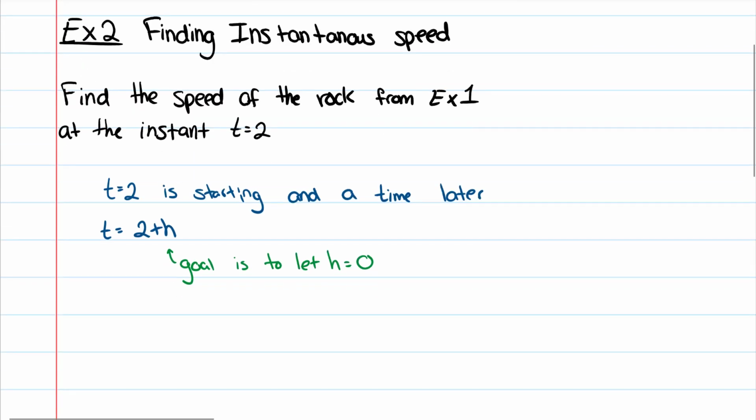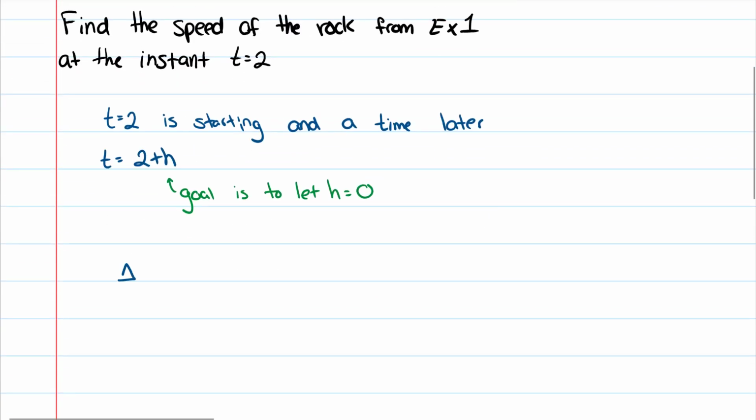So here we go. We have delta y over delta t. Delta y, our final point, is going to be 16 times 2 plus h squared. As a side note, this piece of information comes from y is equal to 16t squared.